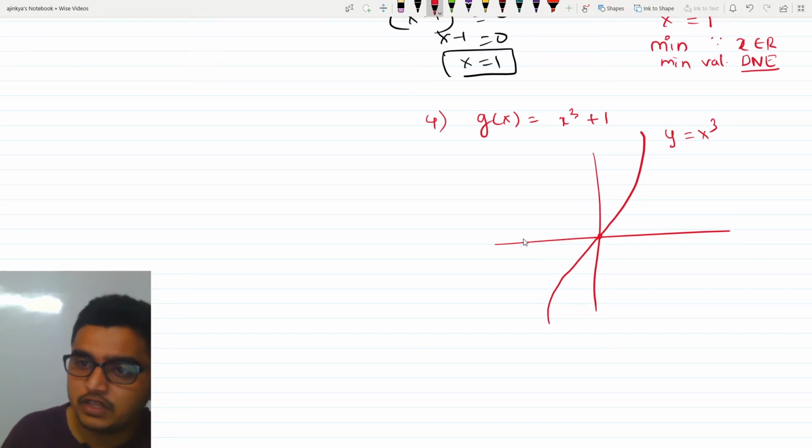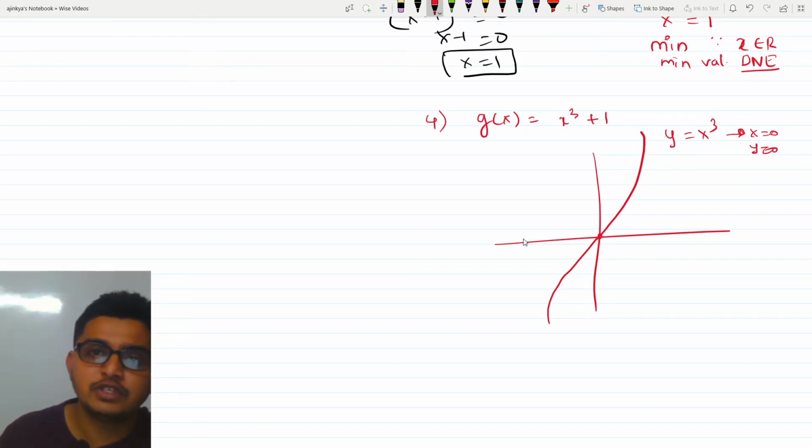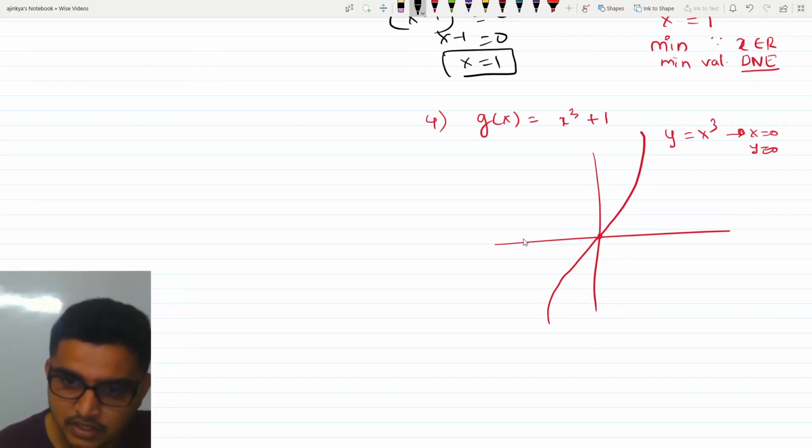So for this function at x equals to 0, y is also 0, isn't it? But if you add 1 to this function, it is going to get shifted by 1 unit, isn't it?